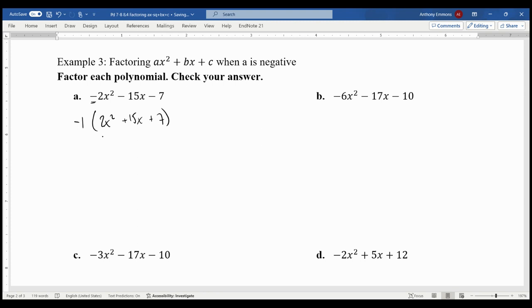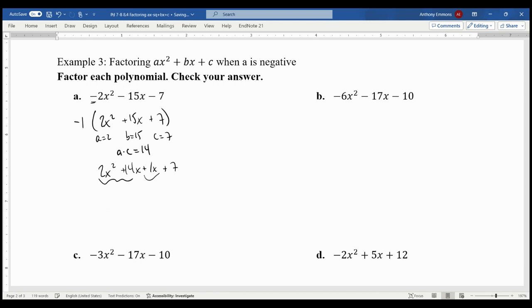Now you can figure out A equals 2, B equals 15, and C equals 7. A times C is 14. What multiplies to 14 and also adds to 15? I guess 14 and 1. So we're going to do 2x squared plus 14x plus 1x plus 7.